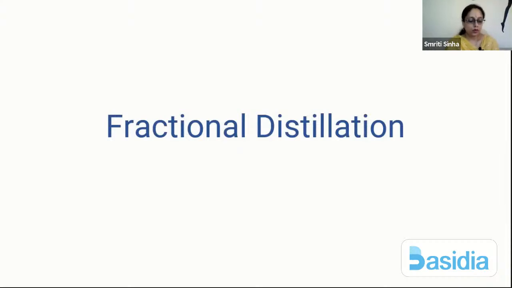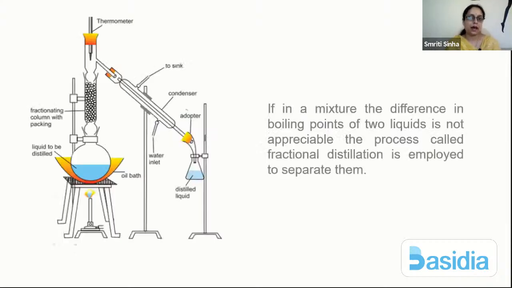So when do we use fractional distillation and what is the difference between fractional distillation and simple distillation? For fractional distillation, you have a mixture of two liquids in which there is not much difference in their boiling point, means their boiling point is only differing by 10 or 20°C.